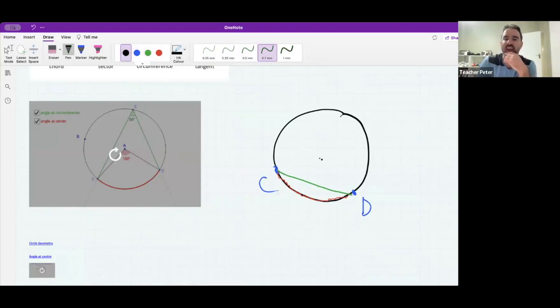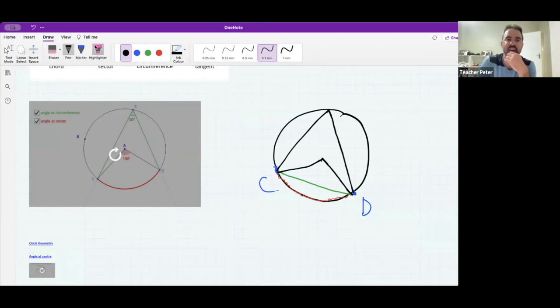Now, when we say a chord or an arc subtends an angle at the center, all we're saying is that it makes an angle from the 2 points it starts with, and that's an angle at the center. But then an angle at the circumference based on the same chord or the same arc will look like this.